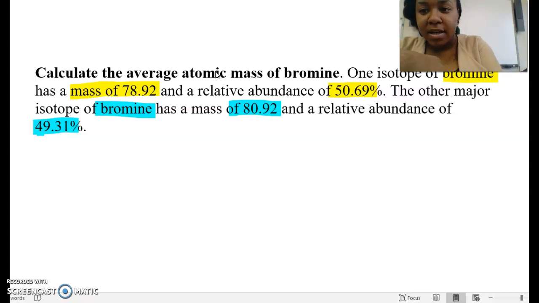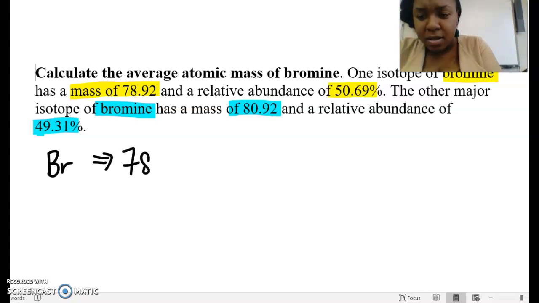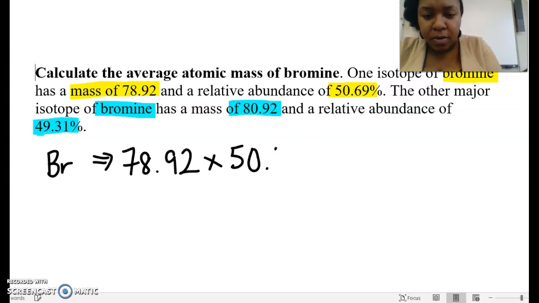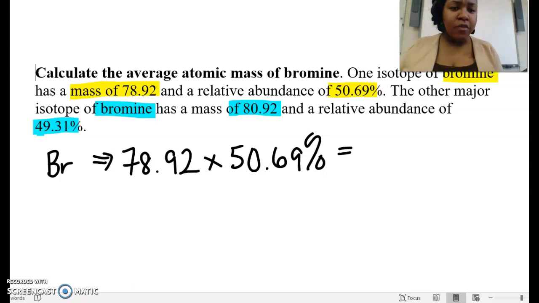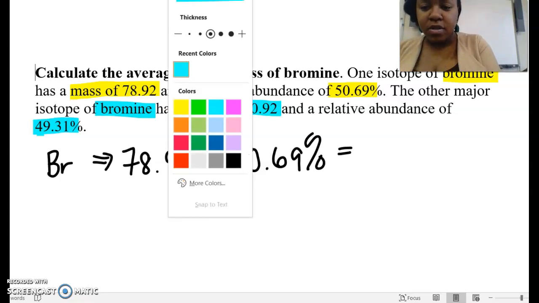So now let's start listing. For our first isotope for bromine, we're going to multiply the mass times our relative abundance. Make sure that you're utilizing your percent to get your values, okay? So this is going to be for our first bromine.